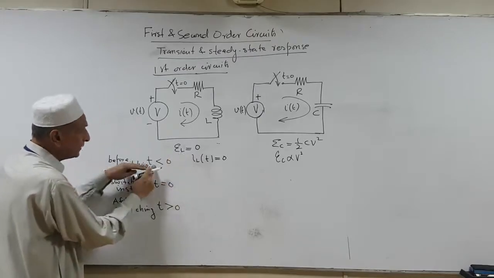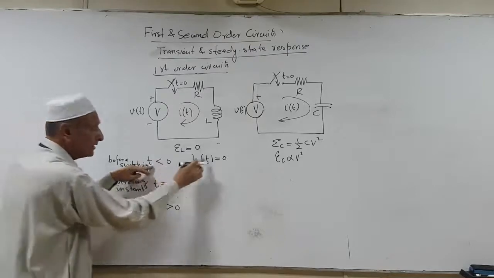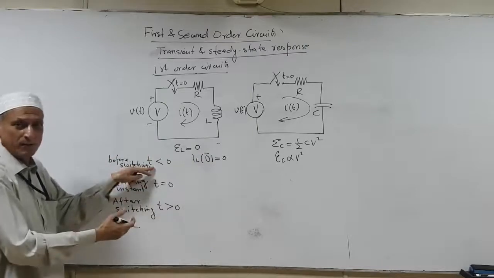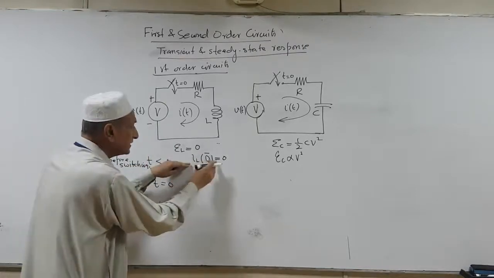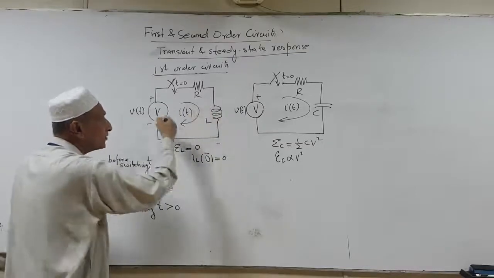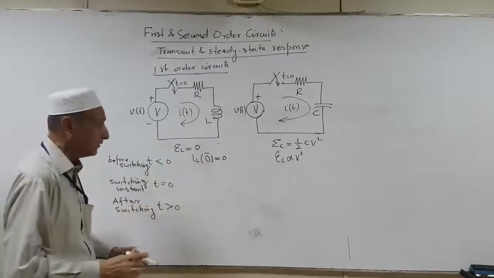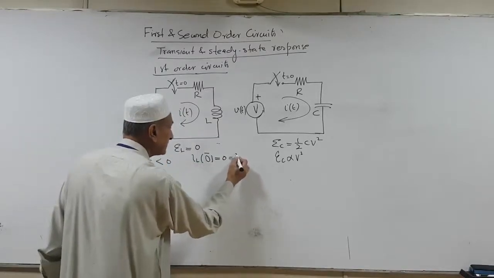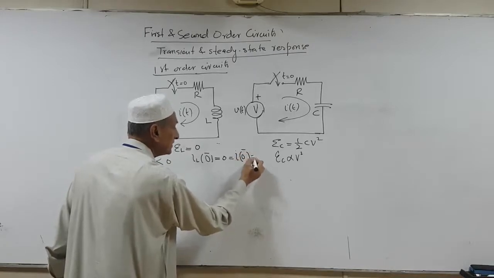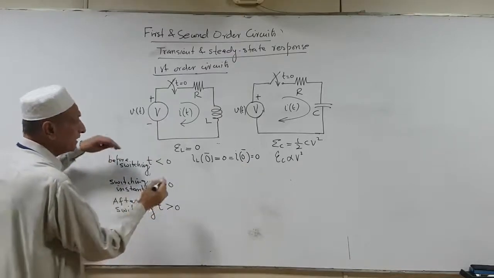So we are talking about before t equal to 0, that is t less than 0. We will have to use something like 0 minus, that is, before 0. This means that the inductor current is 0. Inductor is a part of this circuit loop, so the circuit current is also 0 before t equal to 0.